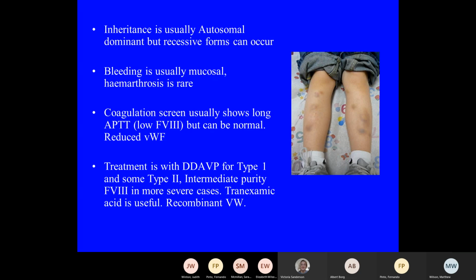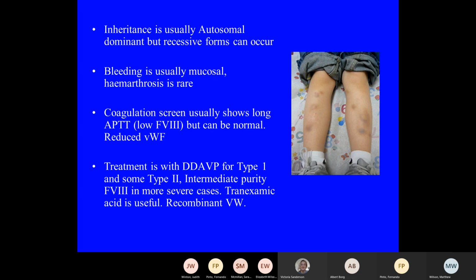The treatment for these patients: you can give them DDAVP, which temporarily releases von Willebrand molecule into the bloodstream for a certain period of time, and that works for type 1s and for some type 2s. You can give ready-made von Willebrand factor from donors. Tranexamic acid helps a lot, depending on the clinical scenario and what you want to do with the patient.